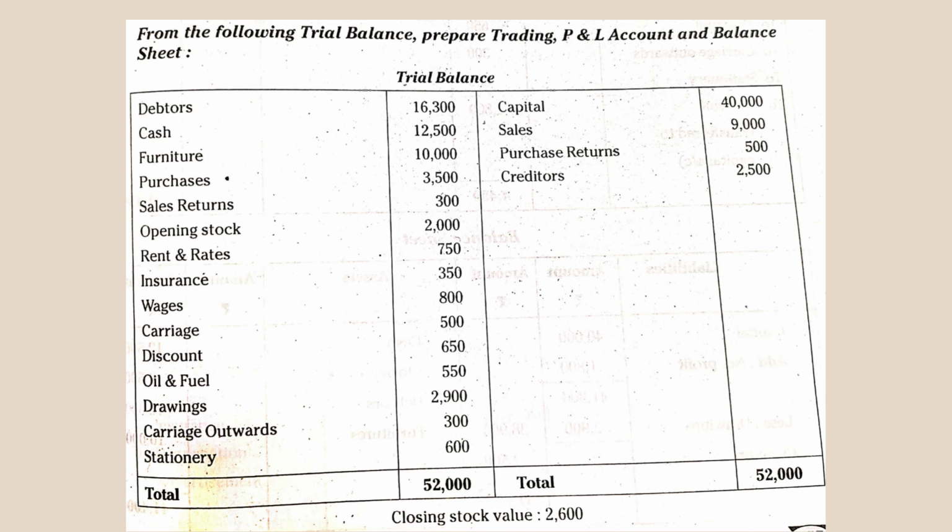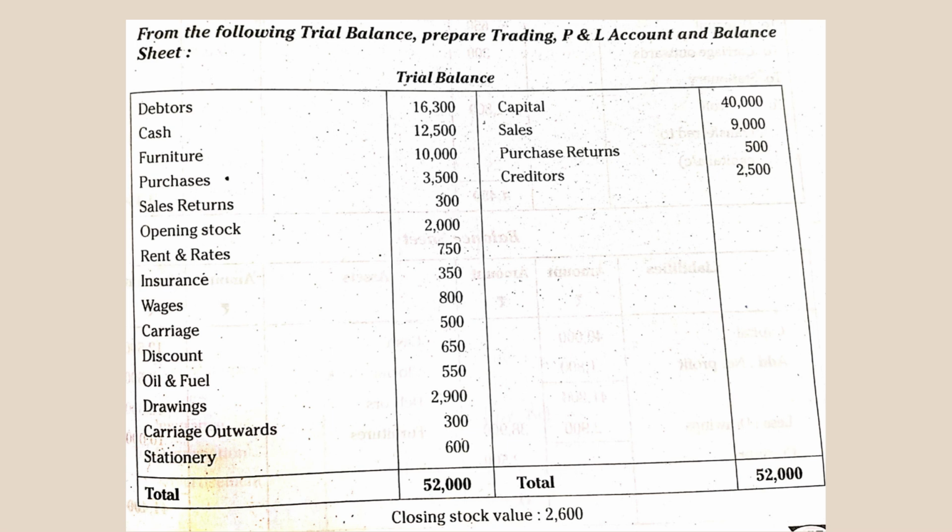Oil and fuel, trading account. Drawings, balance sheet liability. Carriage outwards, P&L account. Stationery, P&L account. Capital, balance sheet liability. Sales, trading account. Purchase returns, trading account. And creditors are also balance sheet liability. So these are the items which are recognized. Therefore, you might get an idea how to recognize all these items.